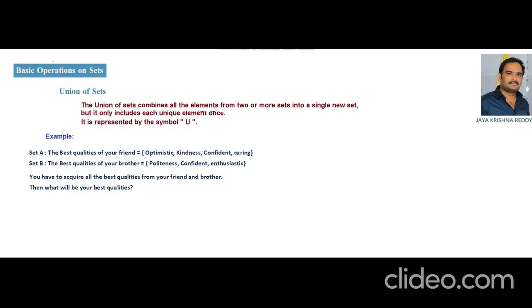You want to acquire all the best qualities from your friend and brother. So then what will be your best qualities? Means you have to consider all the best qualities from your friend and brother.